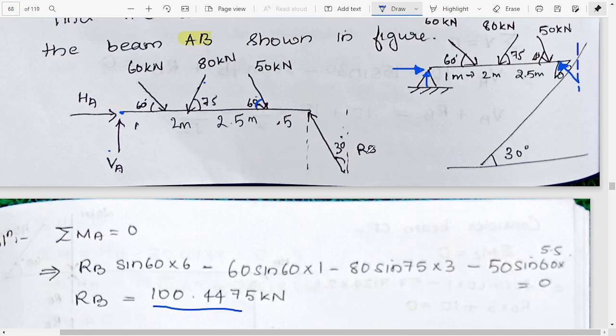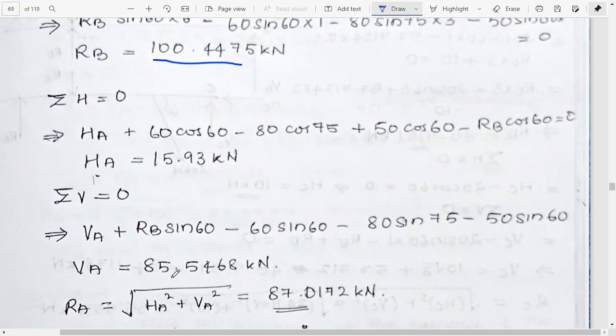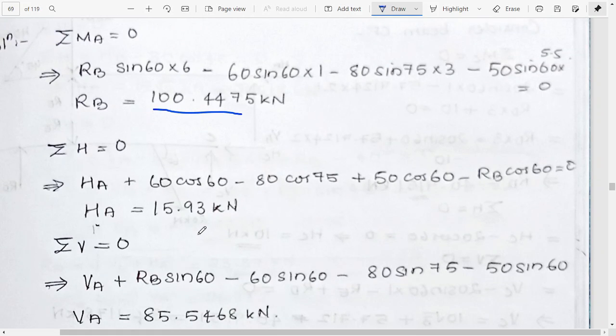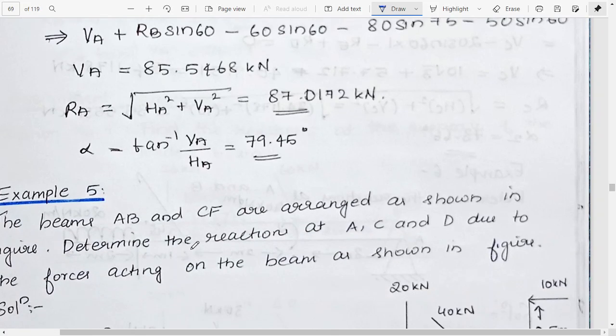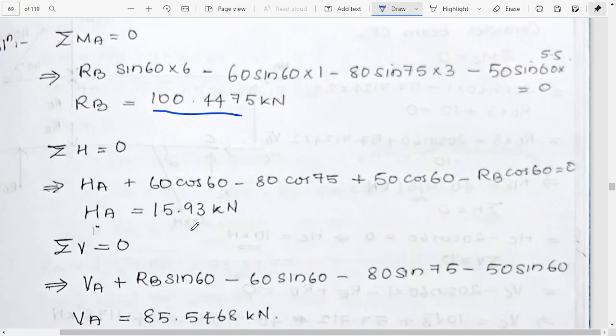We know the value of RB. From that we can find the value of VA. And to get the value of HA is also the same procedure. After finding everything, we can find the value of RA. RA is the resultant of HA and VA. Then we can find the angle also.